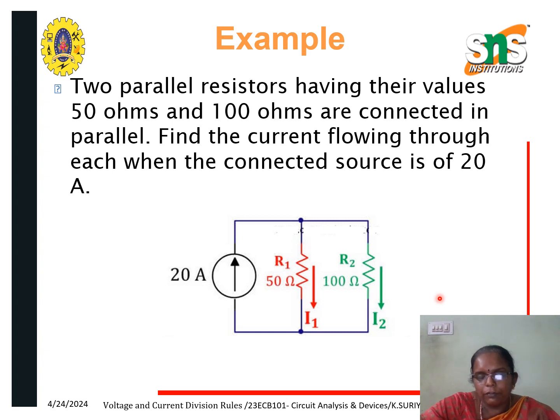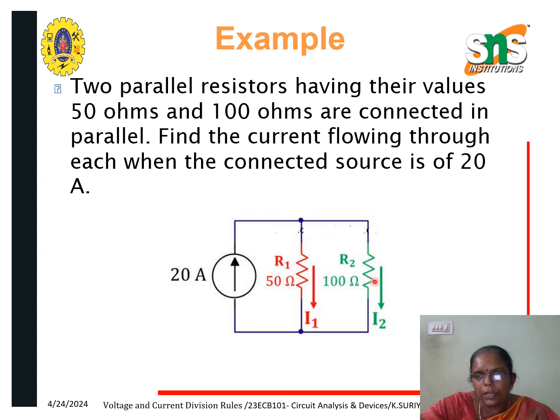Another method of finding the current is to find the R equivalent, which is R1 in parallel with R2. If we want the current in R1, we use total current into R equivalent divided by the corresponding resistance R1.